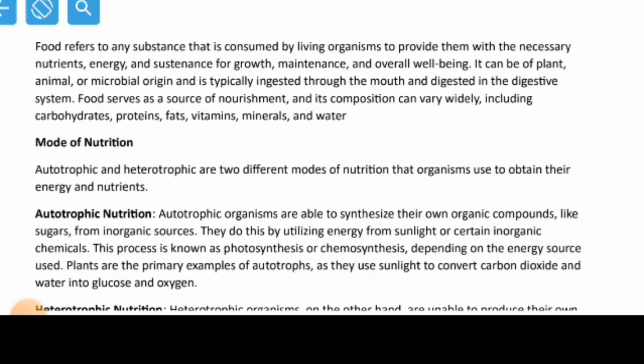Heterotrophic organisms are the organisms which cannot make their own food and are directly or indirectly dependent on other organisms. Hetero means different, so they are dependent on different organisms.